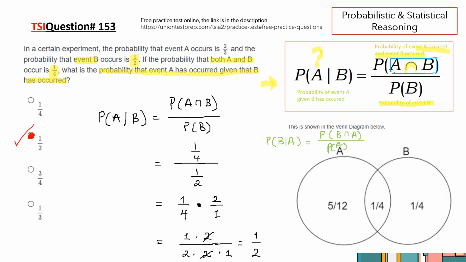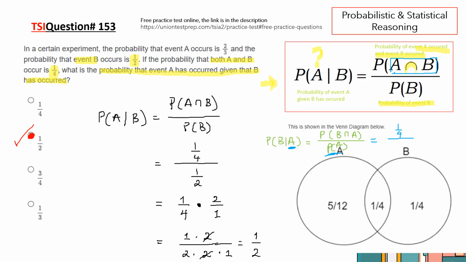At the denominator is always the last event you see, which is the given event. In this case it is still 1/4 for the intersection between A and B.